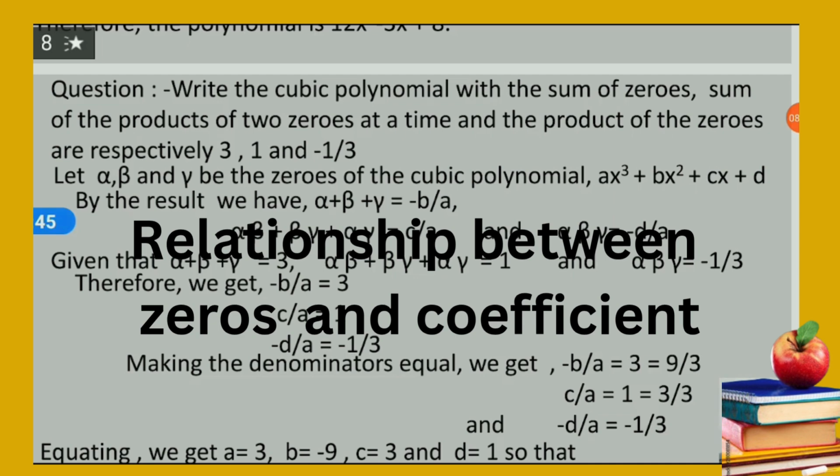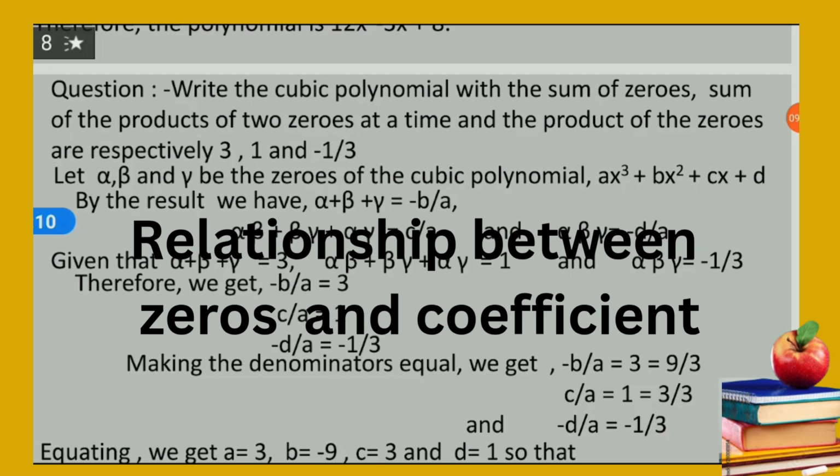Now we already studied alpha plus beta plus gamma is equal to negative b by a, that is 3, and alpha beta plus beta gamma plus alpha gamma is equal to c by a, that is 1, and alpha beta gamma is equal to negative d by a, that is nothing but negative 1 by 3.